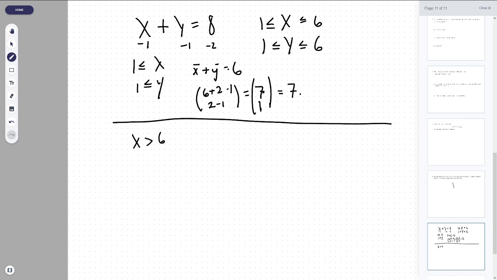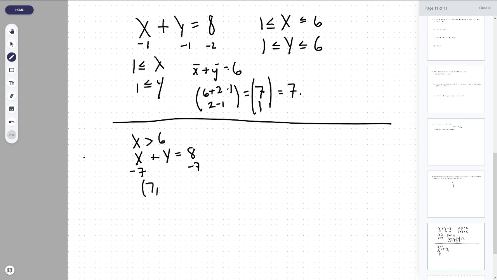So if x is bigger than 6, then we have to subtract off 7 from both sides. So we're going to get x plus y is equal to 8, and we subtract off 7 from both sides. And so in this case, what we're going to get is there's two possibilities.